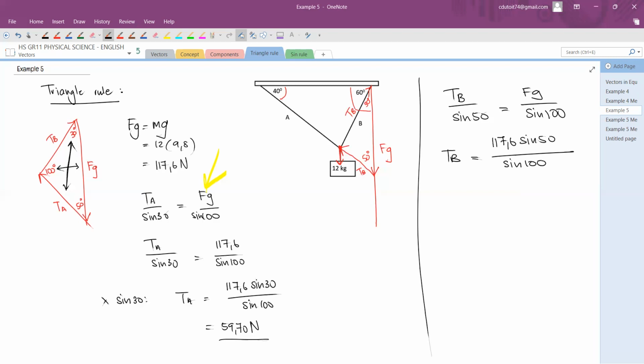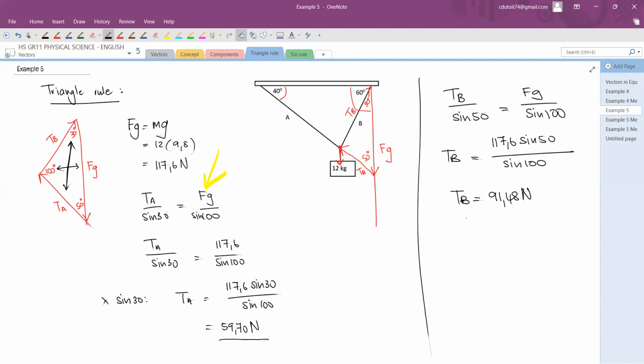I just went back to my calculator and changed the 30 degrees to a 50. Then I get 91,48 Newtons. And that's tension in the rope, so there's no direction.